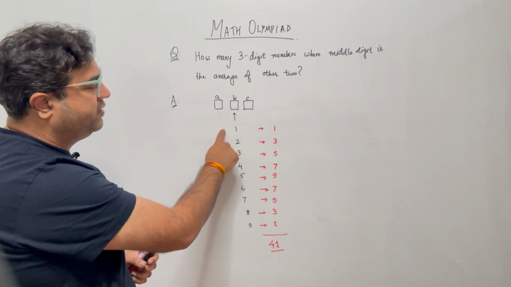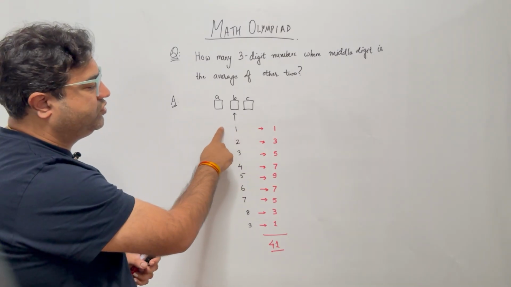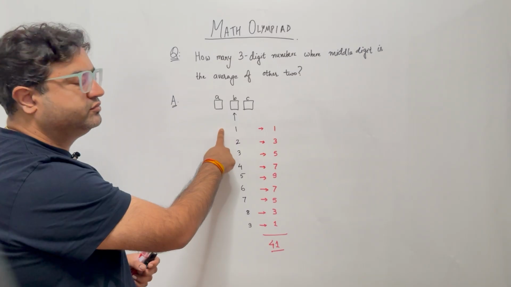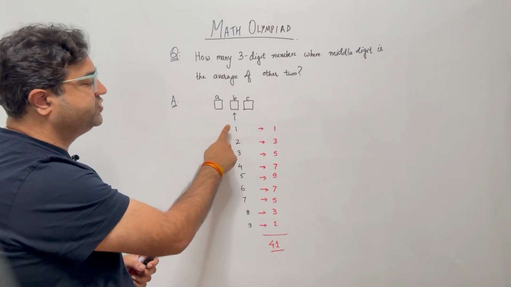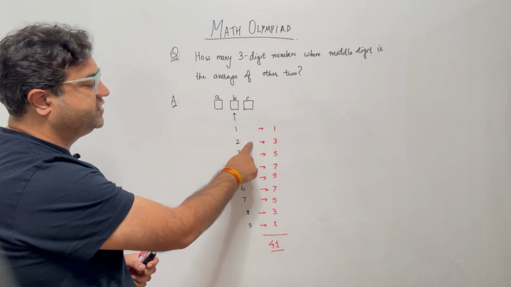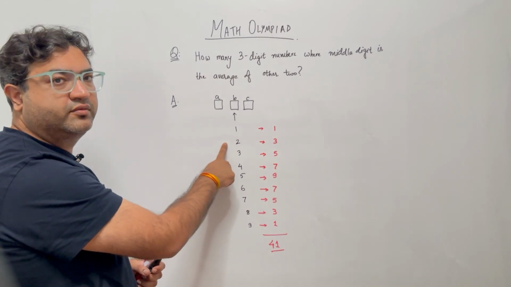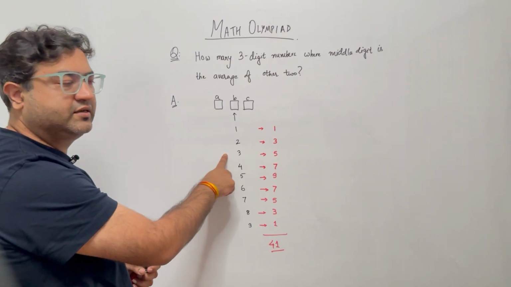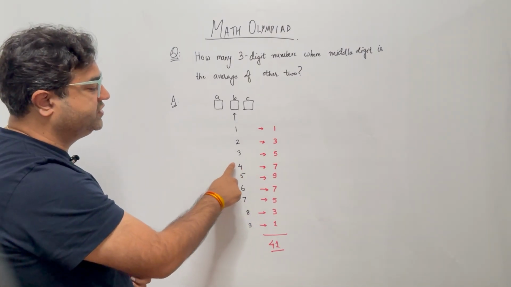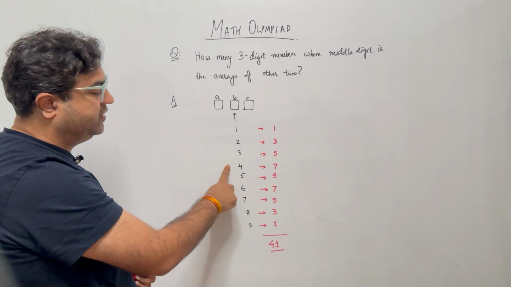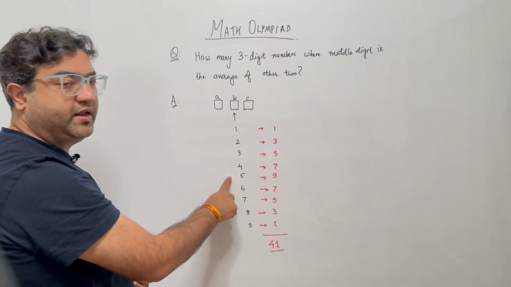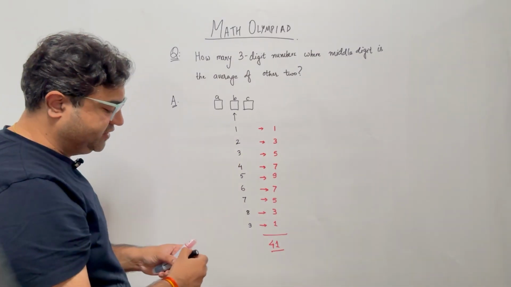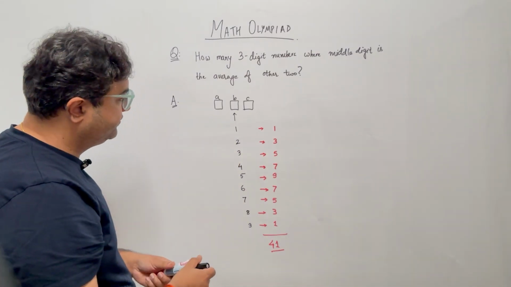For 1, if we take this as 0, this has to be 2, right? So 1 is possible. For 2, if this is 0, then this has to be 4. For 3, if this is 0, this has to be 6. For 4, if this is 0, this has to be 8. For 5, if this is 0, this has to be 10, which is not possible, right?